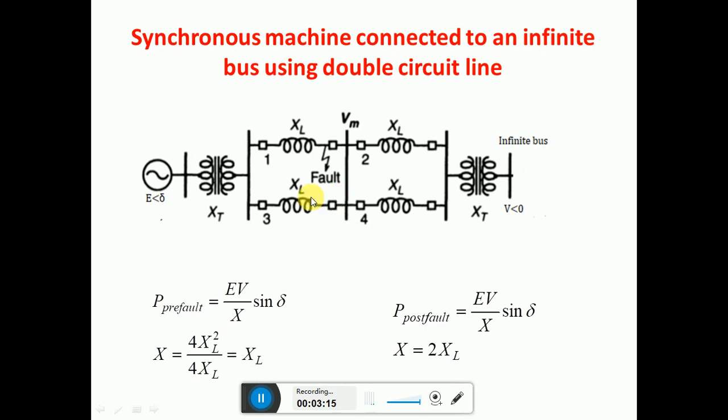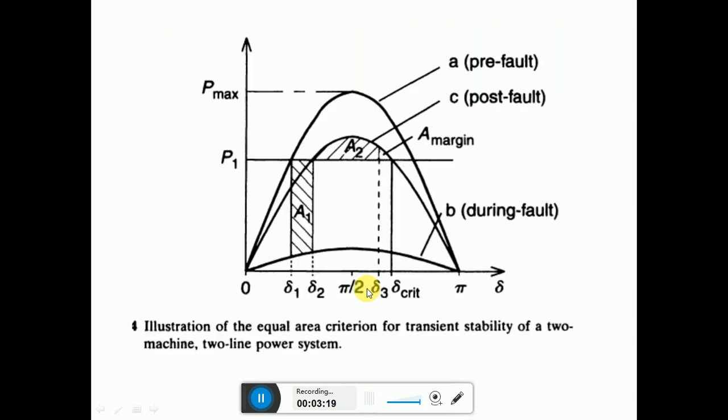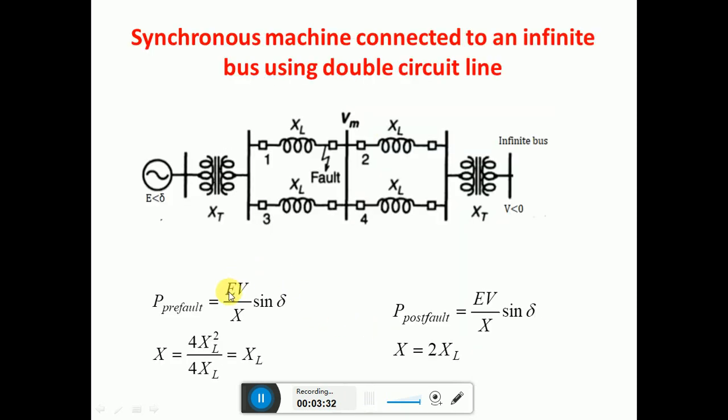Now in the next slide we can see the initial power angle curve is this one, where this power is more, maximum power EV by X sine delta. Now why?